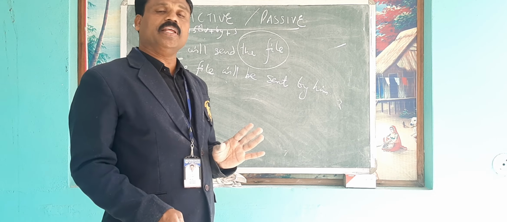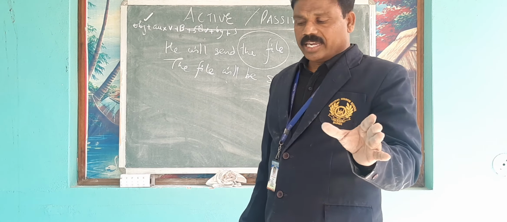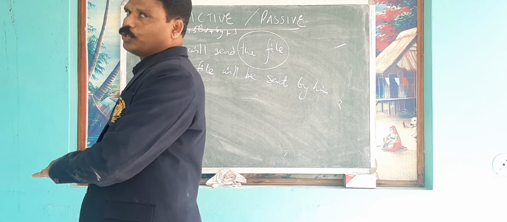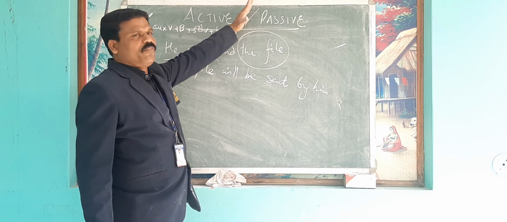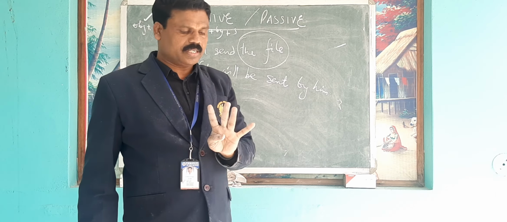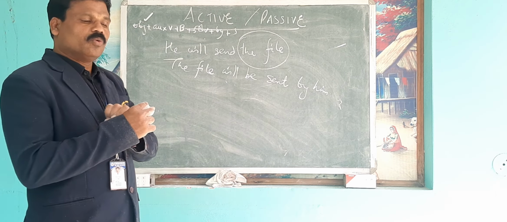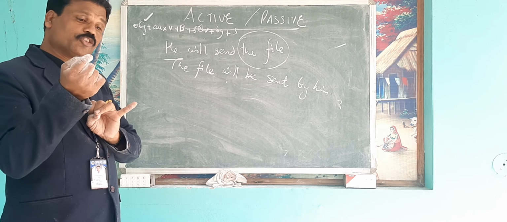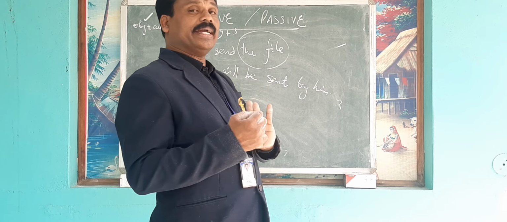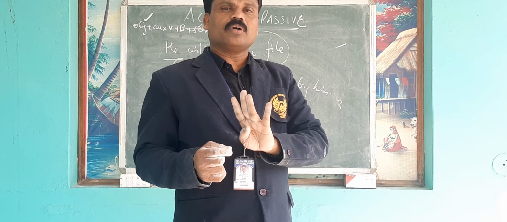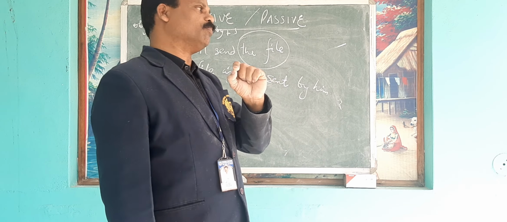Modals are 13: will, would, shall, should, can, could, may, might, must, need, dare, ought to, used to. While changing active to passive, we have to follow 4 steps. First, identification of subject and object. Number 2, identification of object as singular or plural. Third, identification of auxiliary verb. Number 4, arrange the auxiliary verb according to the number of the object.